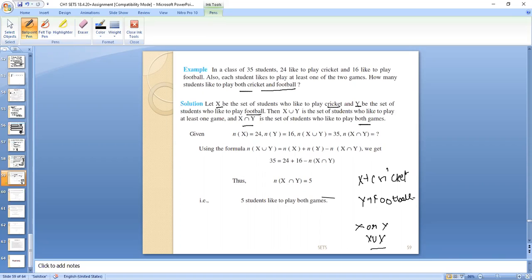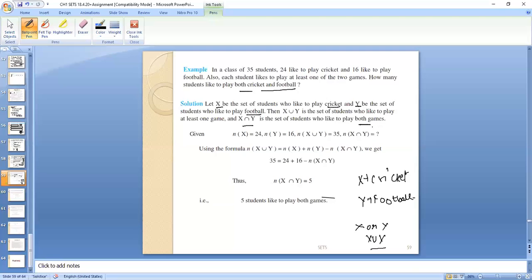Now the next step is easy. Apply the formula. Number of elements in X union Y is number of elements in X plus number of elements in Y minus number of elements in X intersection Y. Number of elements in X union Y is 35, in X it is 24, and in Y it is 16.